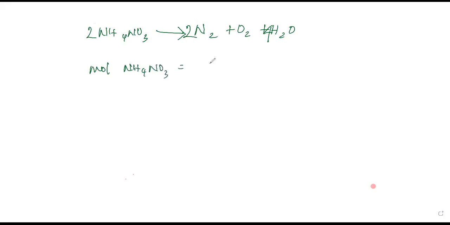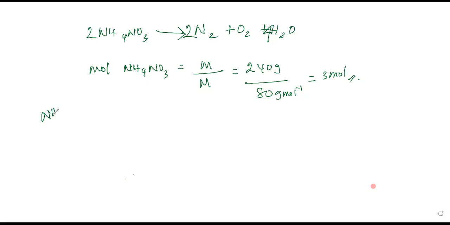The molar mass is given. So the mole of the ammonium nitrate is mass over molar mass. The mass is given, 240 gram, and the molar mass of the ammonium nitrate is 80 gram mole minus 1. So your answer is 3 mole. We found the mole. I said the molar ratio between the ammonium nitrate and gas is 2:7.